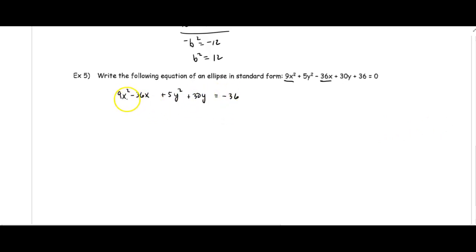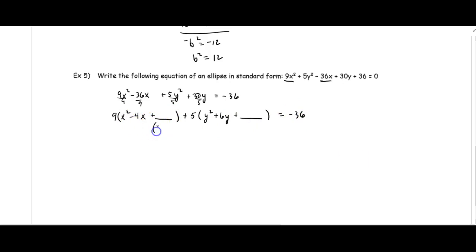So with this, the first thing I'm going to do is factor out the GCF of 9. So I'd get x squared, if I divide both of these by 9, x squared minus 4x. But I know I'm going to have to complete the square here. Plus 5 times, if I divide these by 5, y squared plus 6y. But I know I'm going to have to add something to complete the square, equals negative 36.